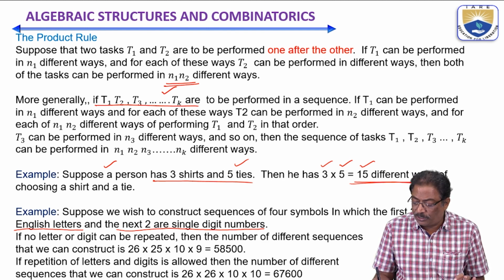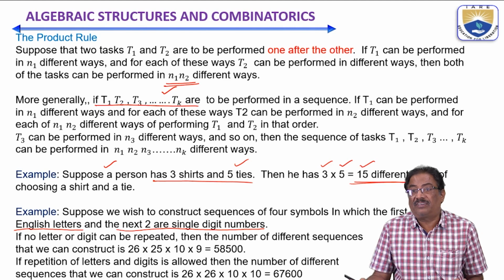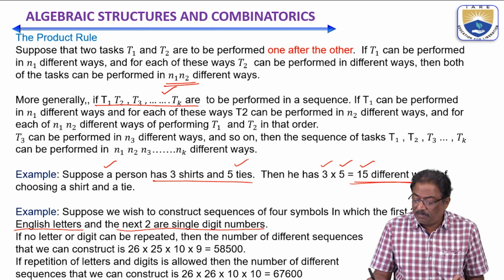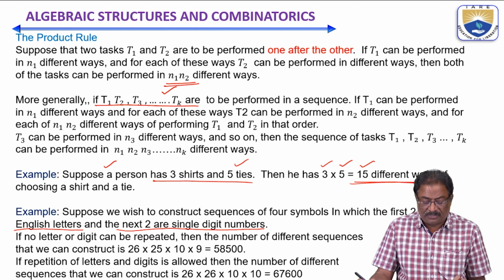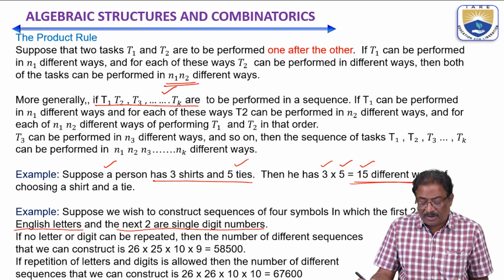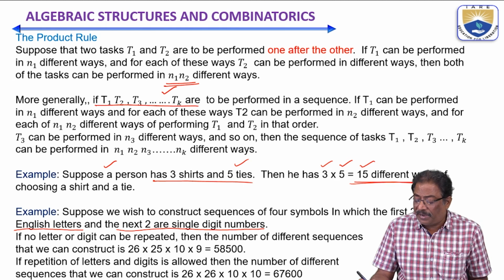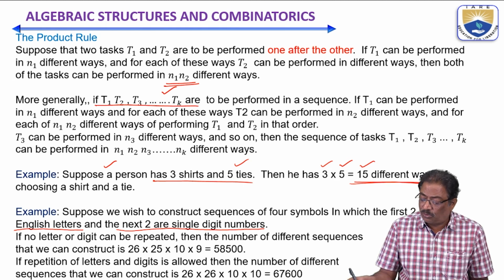So we use 25 different symbols there. Similarly for the numbers: 10 numbers for the first digit, and that number is not used again, so then it is 9 numbers. No letter or number can be repeated. What is the total number of ways?